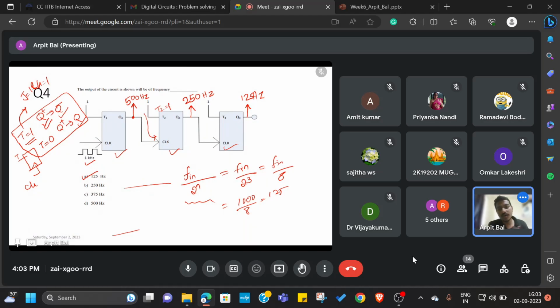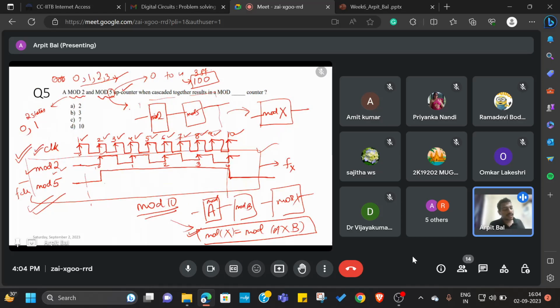But if you want to proceed logically, you can state that here there is one flip-flop, so the frequency will be halved. Here there is another flip-flop, so the frequency will be further halved, so 500 to 250. Then there is a terminal flip-flop, so the frequency will be halved again, and we arrive at the answer 125. You can arrive at it in both ways, whichever you find comfortable.